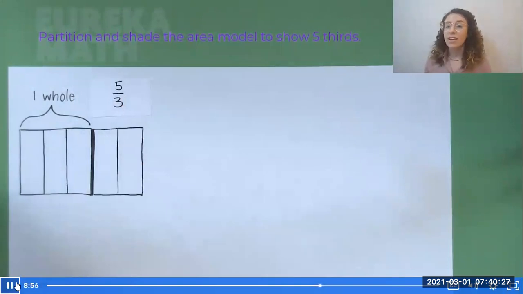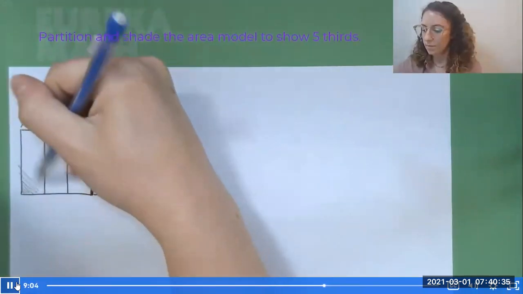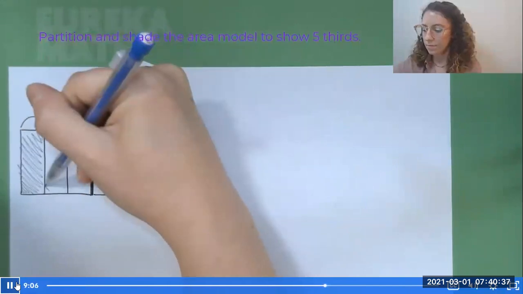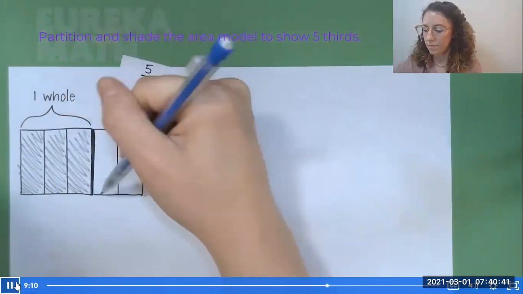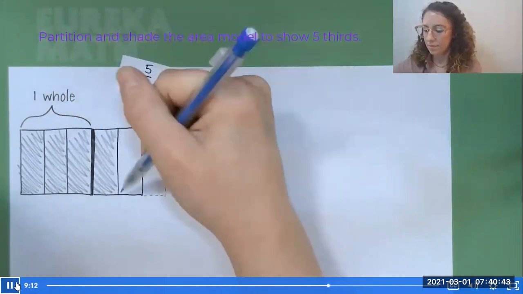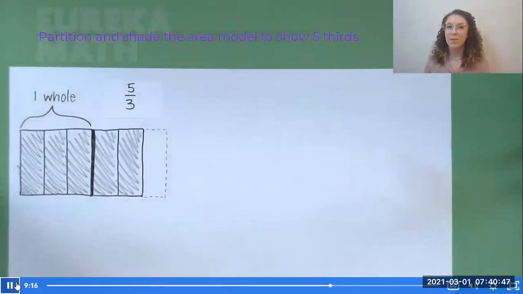You can imagine the part that I already ate here if that helps you think about what 5/3 means. Now the shaded area represents 5/3.